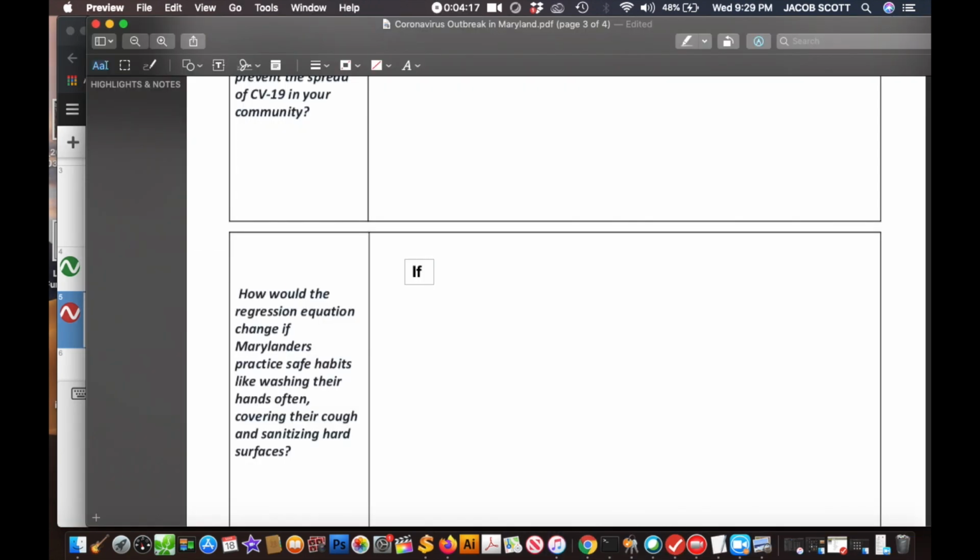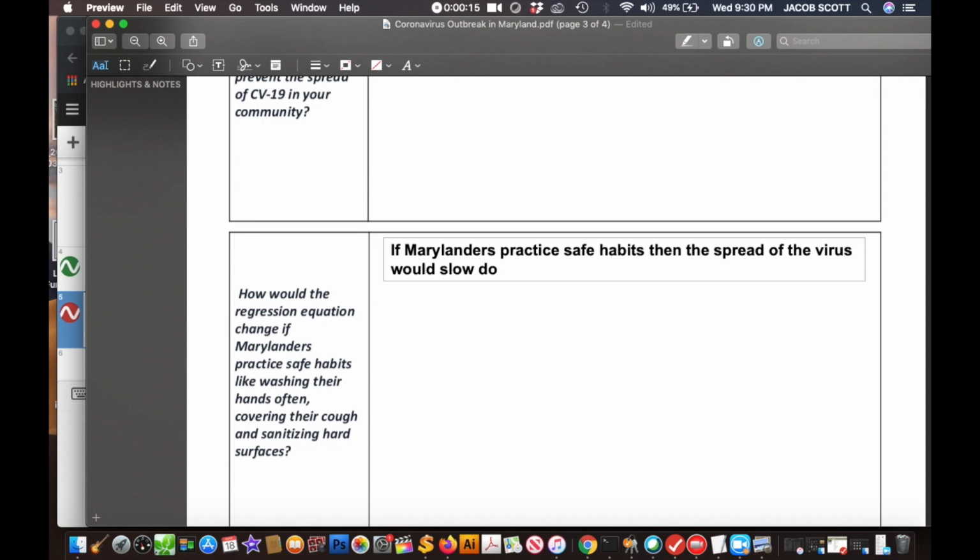If Marylanders practice safe habits, then the spread of the virus would slow down.